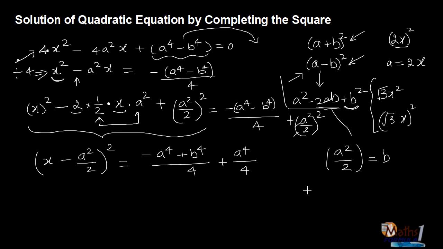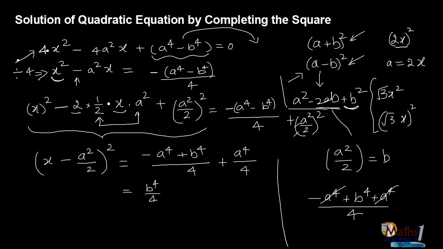If I take the LCM, so we can get the x values on the left, that will be 4, which is the same, and the numerator is minus a to the power 4 plus b to the power 4 plus a to the power 4. The a to the power 4 terms get cancelled, so I'll be left with b to the power 4 divided by 4.